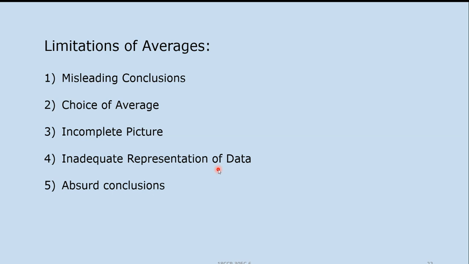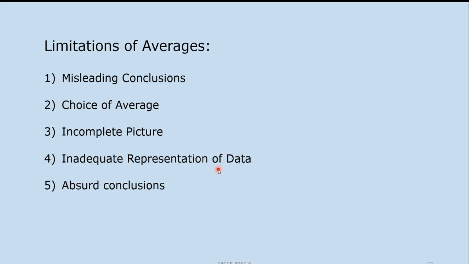For example, first one is misleading conclusions. The averages are not considered a very good tool for decision making, but for simple decision makings, average may be useful. But averages are really not useful for in-depth decision making.